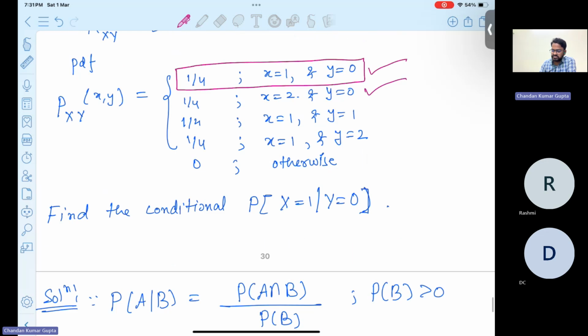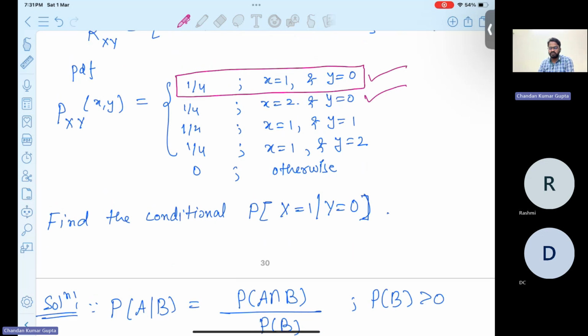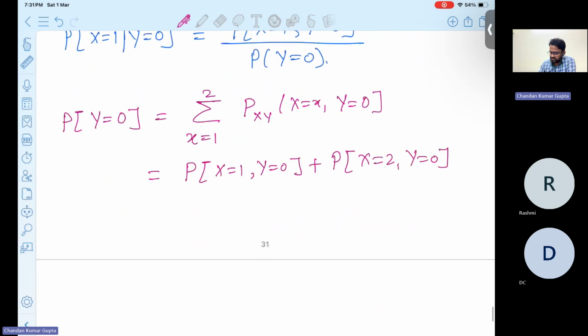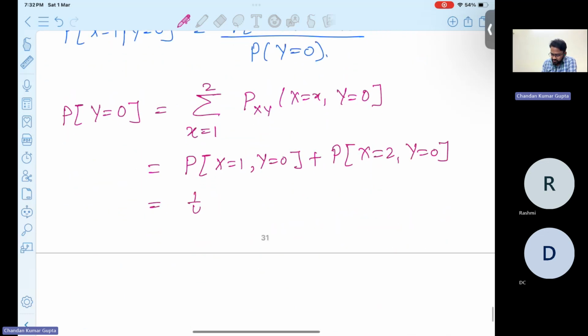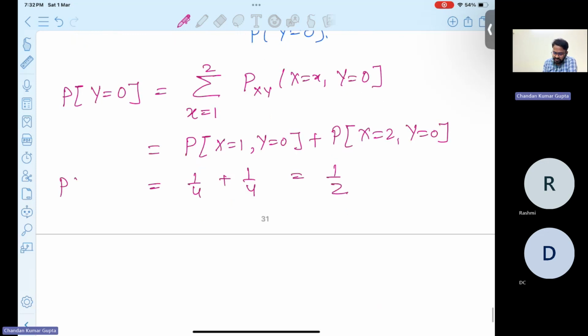From the joint PMF, for y equal to 0, x equal to 1 it is 1 by 4, and for y equal to 0, x equal to 2 it is 1 by 4. So that means it is 1 by 4 plus 1 by 4, that is 1 by 2. So probability that y equal to 0 is 1 by 2.